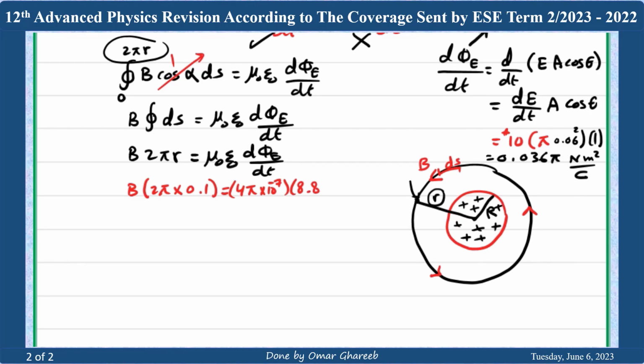Epsilon naught is 8.85 times 10 to the minus 12. d phi by dt we found earlier, 0.036 times pi. Do the calculation and take the answer. The answer is 2.00 times 10 to the minus 18 tesla. That's it.